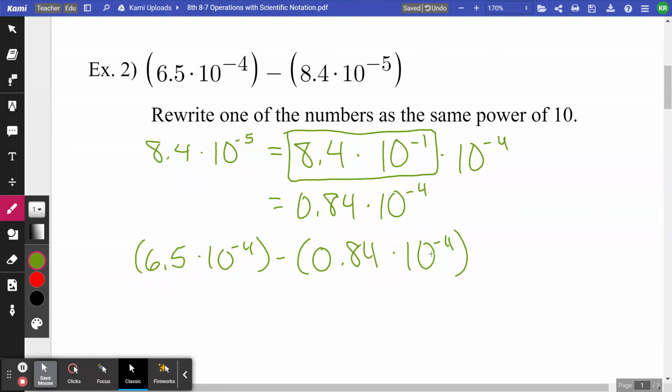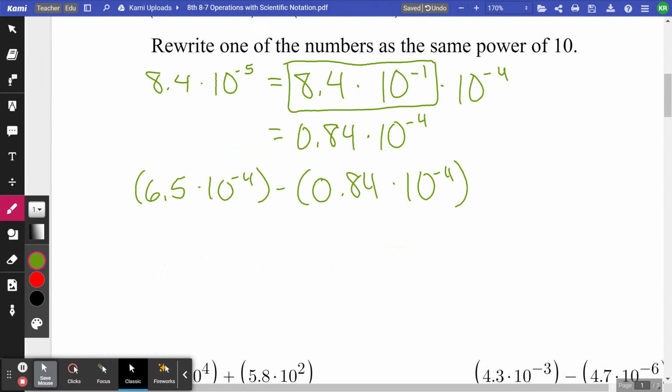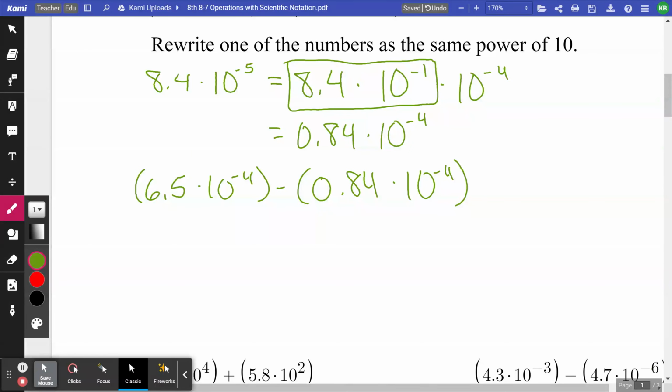When we add and subtract, we have to have that same power. So now we use the distributive property and solve it just like we did the first one. So 6.5 minus 0.84 times 10 to the negative fourth, and we get 5 66/100 times 10 to the negative fourth.